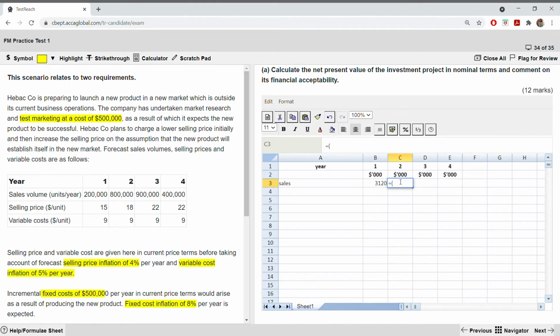Next it will be 800 multiplied by selling price 18 into. Be careful when you are putting 1.04. It is 1.04 to the power 2, because in the second year.